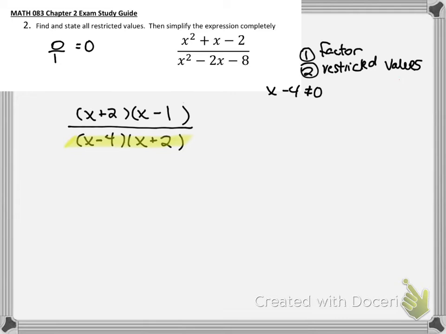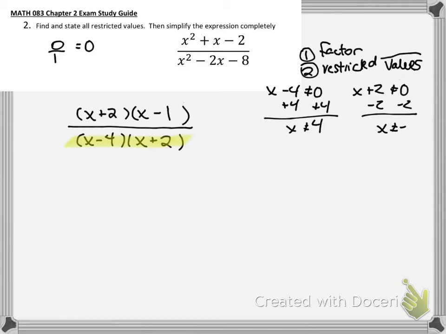So I can't let x minus 4 be equal to 0, and I can't let x plus 2 be equal to 0. Solving both of these, we find that our two restricted values are positive 4 and negative 2. This is going to be important in a second. It's actually going to be part of our overall solution. Now that we have our restricted values, I can cancel out terms, and I will do that using maybe a green pen here.